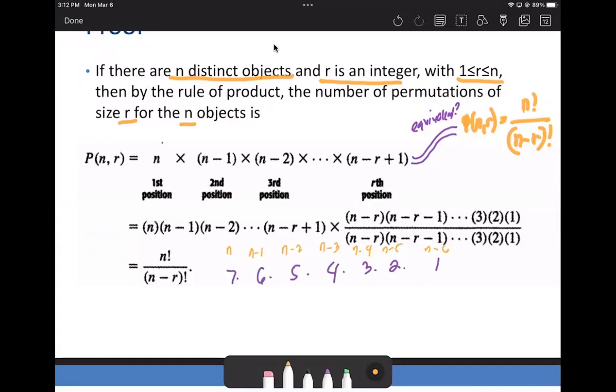Okay? And then divided by the 3 times 2 times 1.